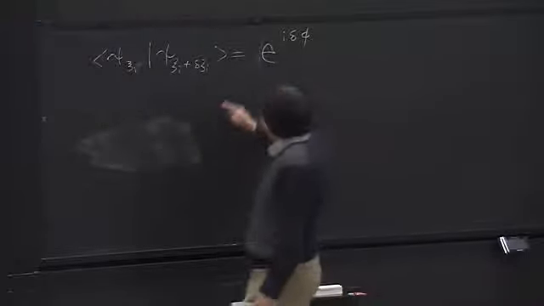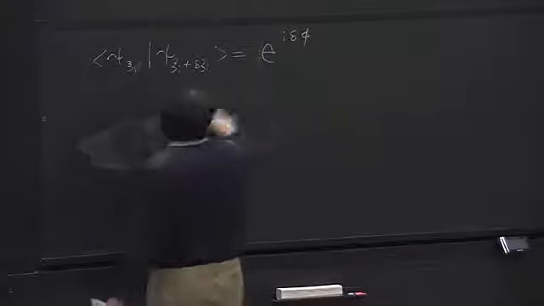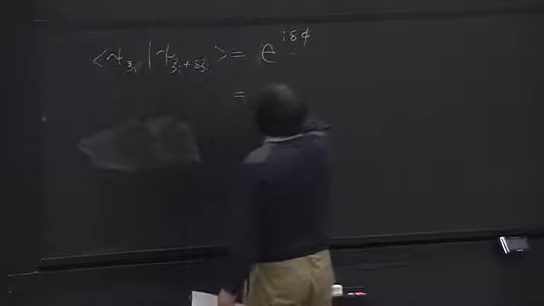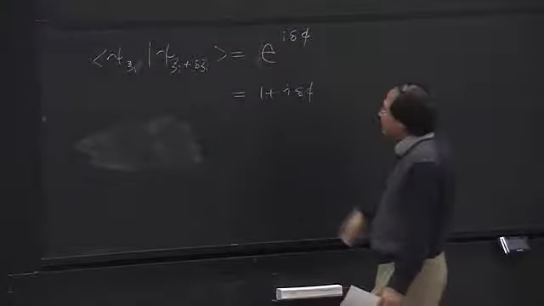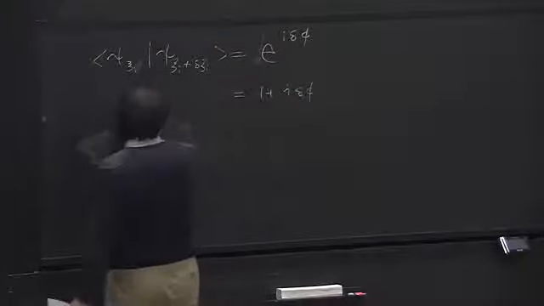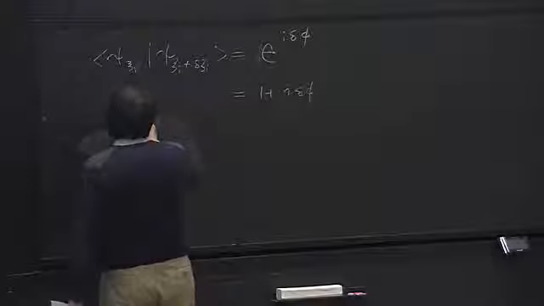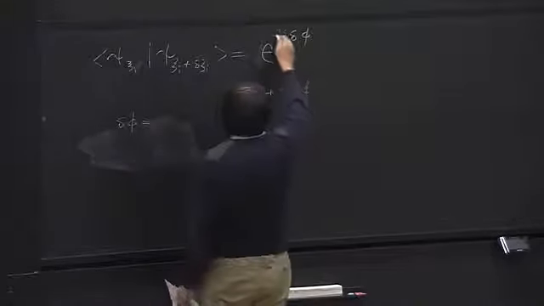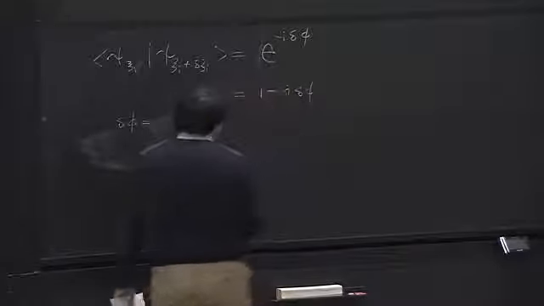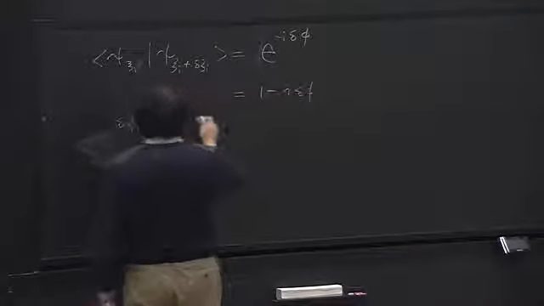But from this point of view, you can see that if you expand this, it will be 1 plus i delta phi. Then clearly from this we can see that delta phi is equal to, let me put the minus sign here, so I can put i here.